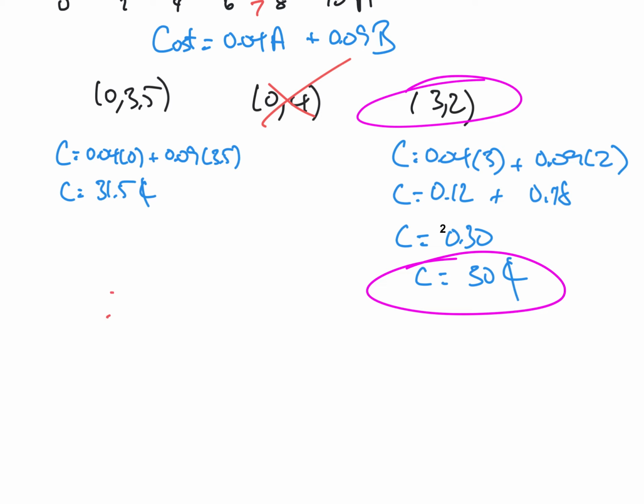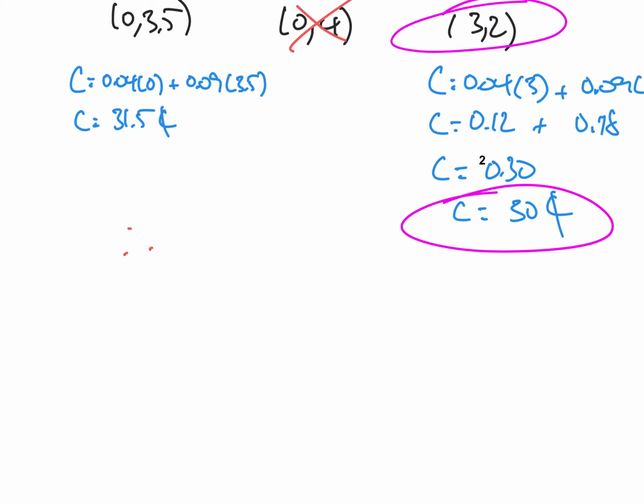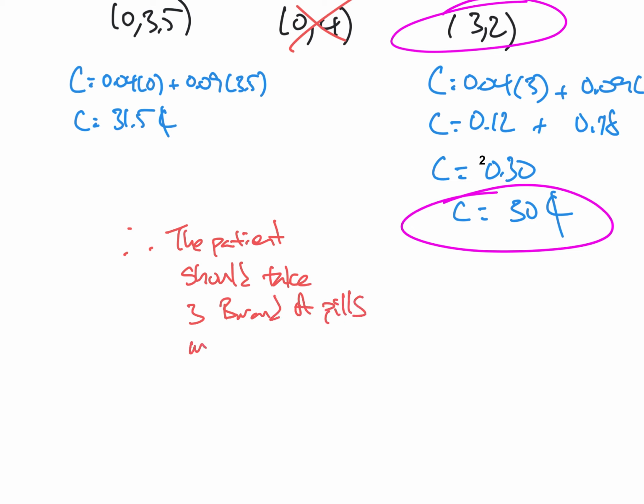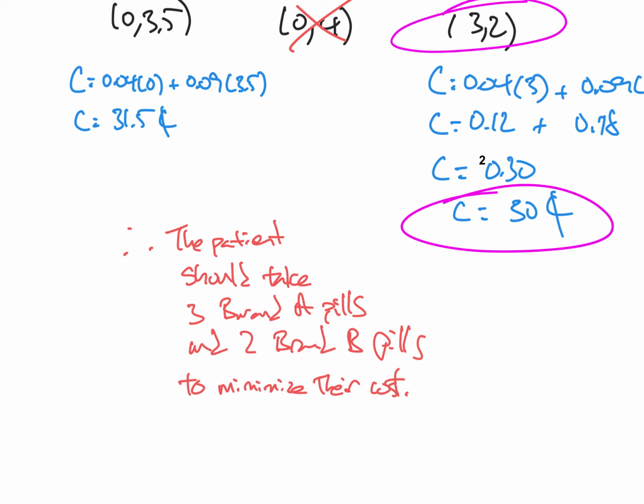We'll put that into a therefore statement and say that the patient should take 3 brand A pills and 2 brand B pills to minimize the cost.